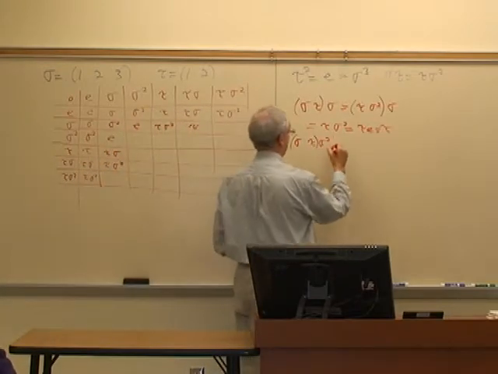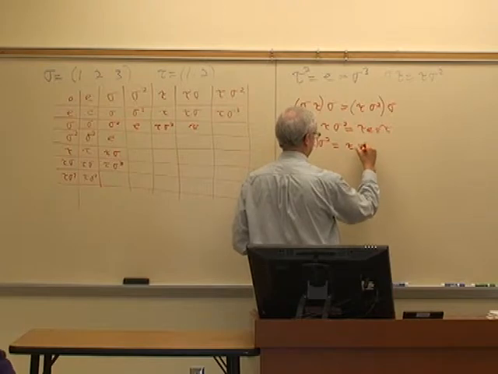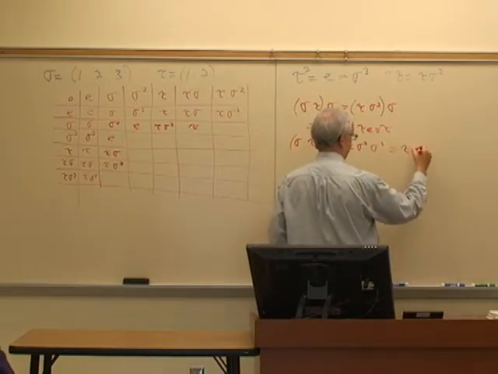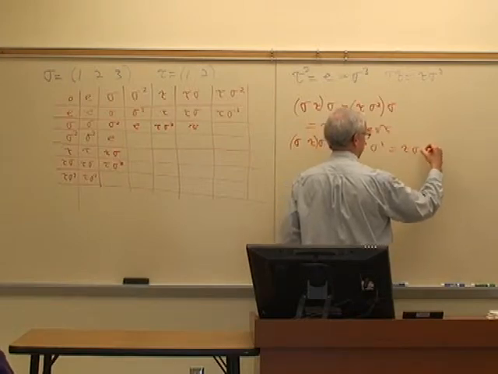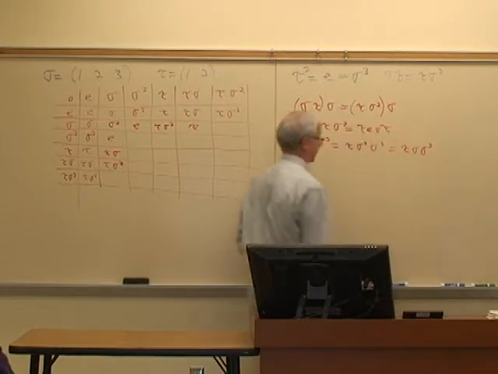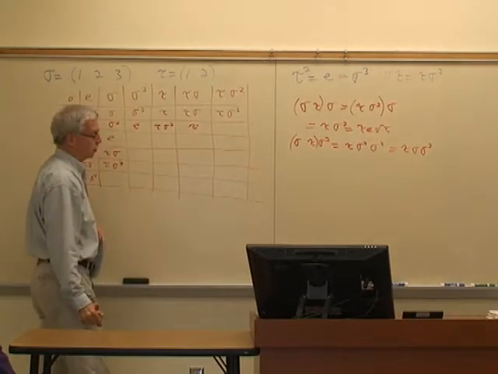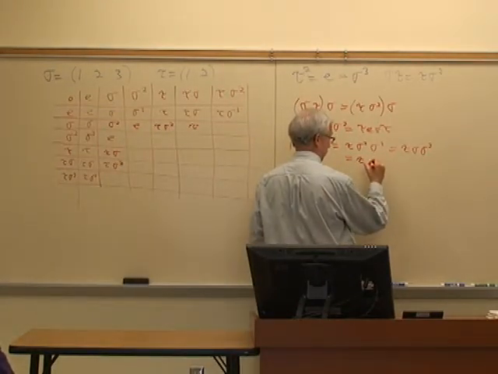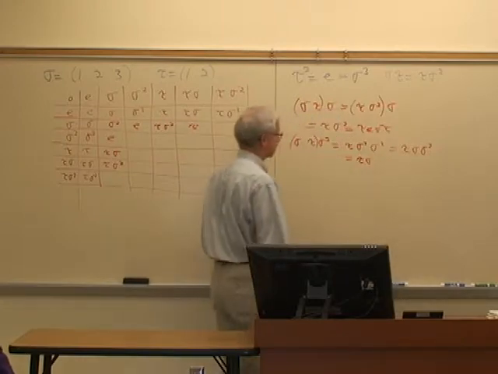And sigma tau is tau sigma squared times sigma squared, which is tau times sigma cubed, right? But sigma cubed is the identity. So tau sigma is the answer.